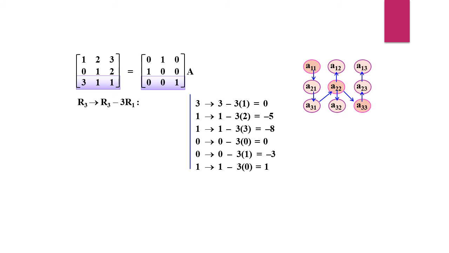And similarly, the third element of R3 minus 3 times the third element of R1, we get 1. So after applying this property, we can observe that only the elements of R3 get changed into 0, minus 5, minus 8, 0, minus 3 and 1. The elements of R2 and R1 remain as they are.